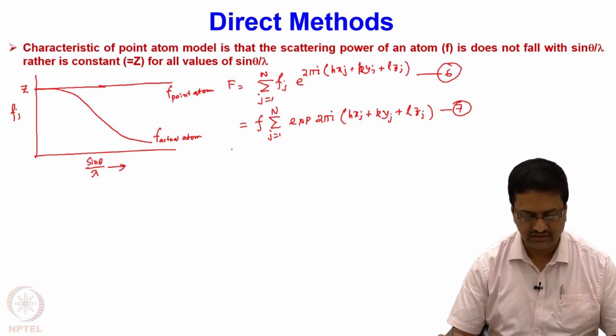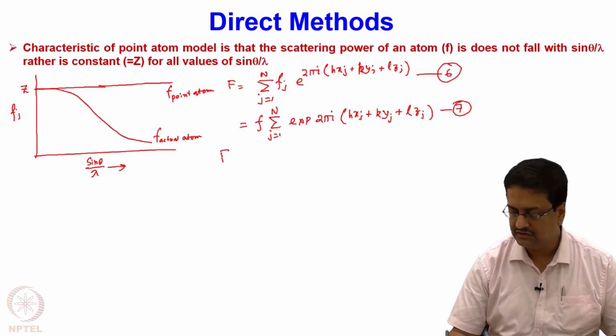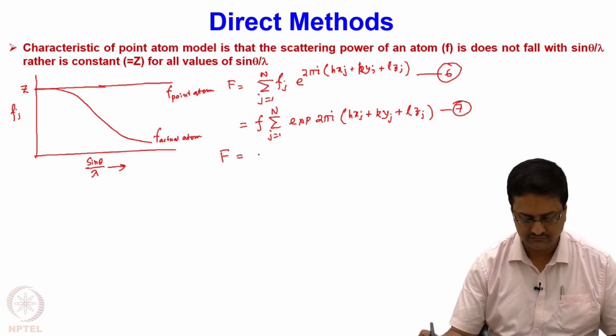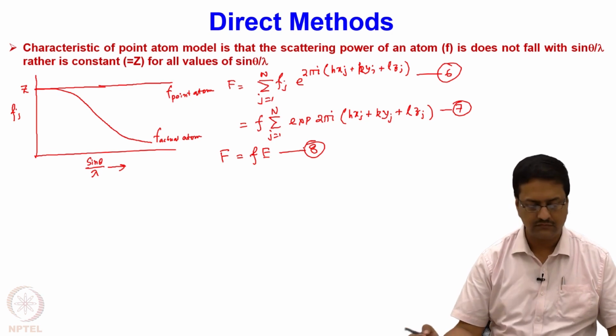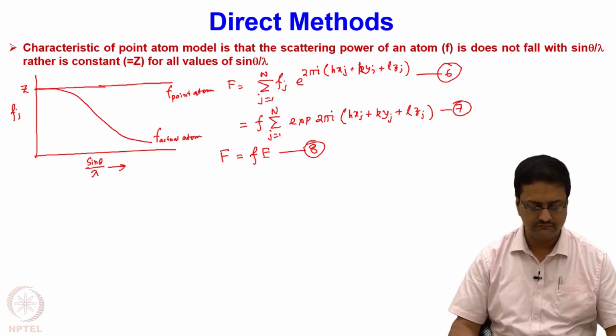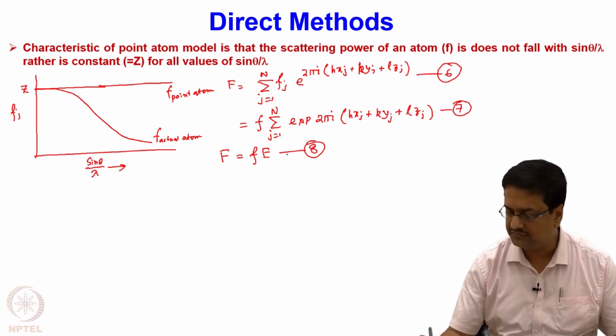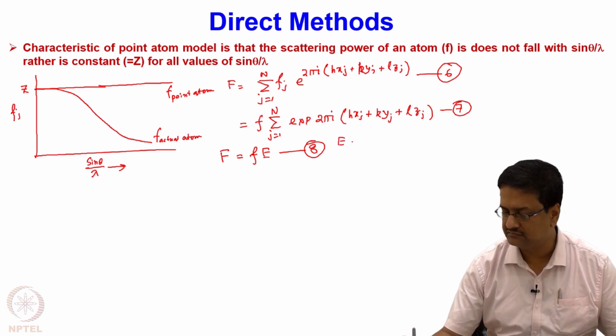So one can then write that F equal to small f multiplied by E, where E is the sum of all exponential terms.